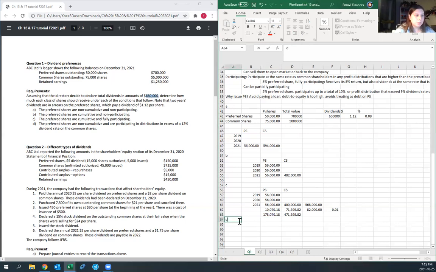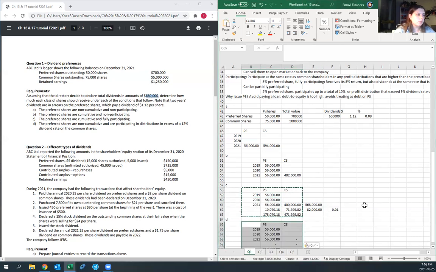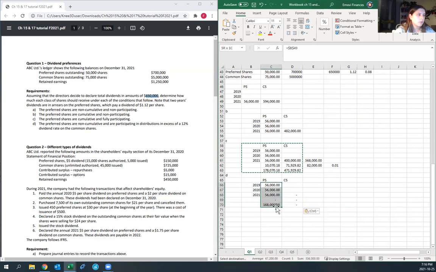For D, the preferred shares are non-cumulative and are participating in distribution in excess of a 12% dividend rate on the common shares. So what you want to do, I'm going to copy this here again.